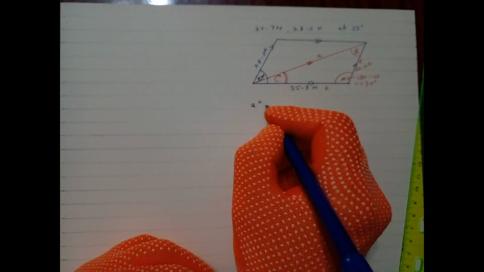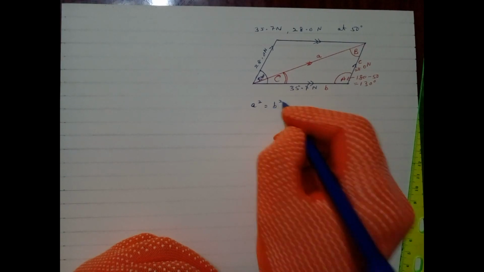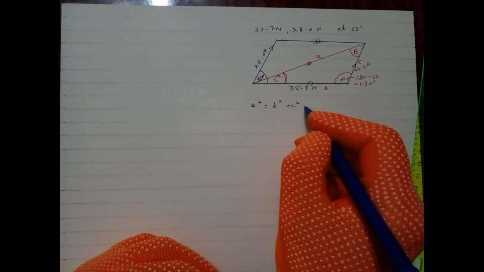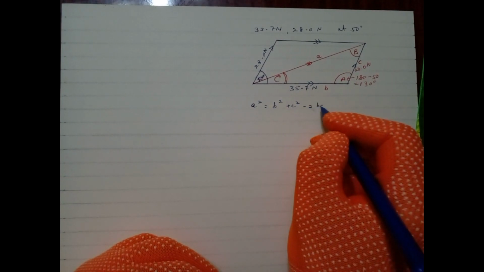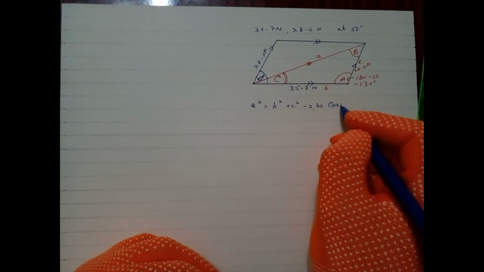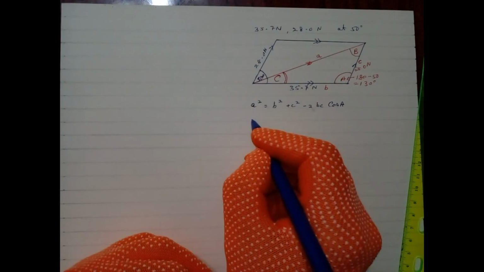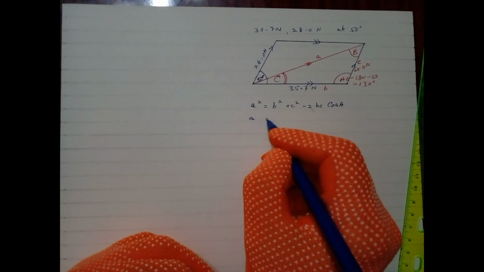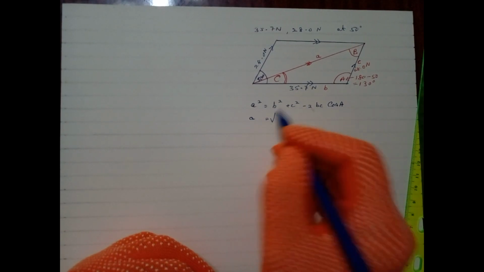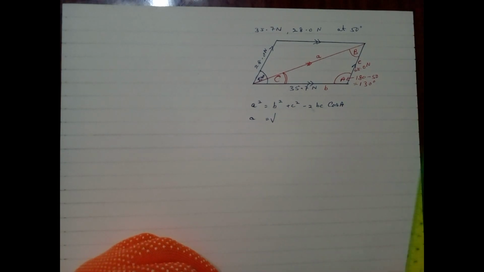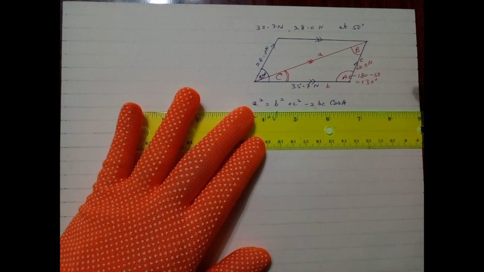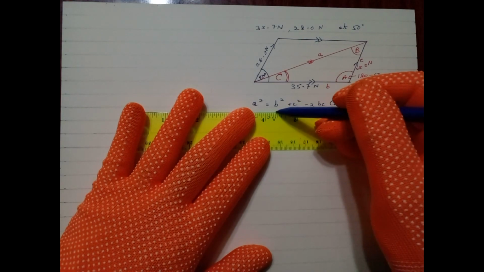A squared is equal to B squared plus C squared minus 2BC cosine A. We move that square from this side and we get A is equal to the square root of everything there.